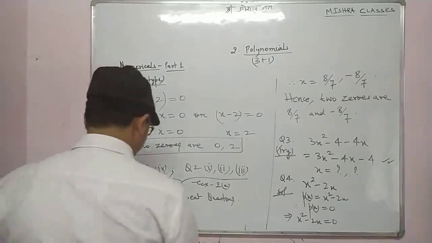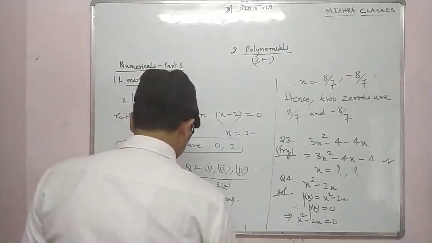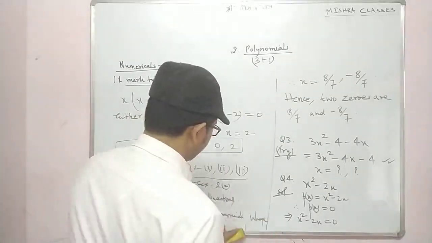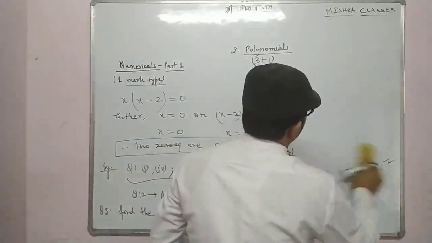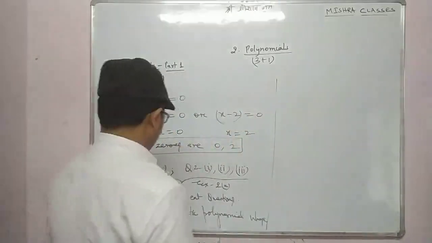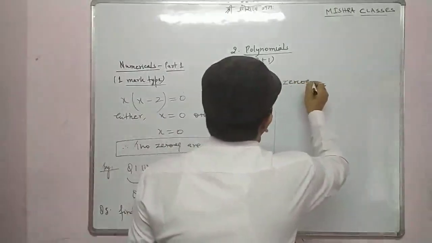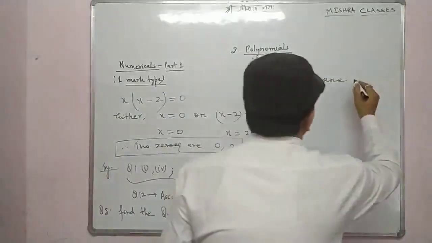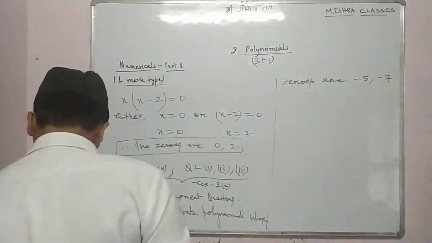Find the quadratic polynomial whose zeros are minus 5, minus 7. Minus 5, minus 7. Is it clear?